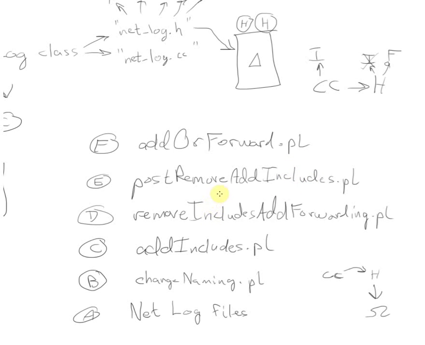And then this last one was add or forward. It turns out that removing the netlog H code, there were two forwards and one include that were the main hidden entities.